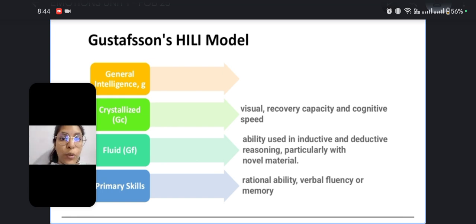So fluid intelligence actually decreases with age, and crystallized intelligence increases with age. Fluid intelligence talks about all the academic, analytical, reasoning skills that you learn in your formal education. It occurs with, let's say, the mathematical skills that one learns, or the vocabulary, grammatical or syntax rules learned by an individual.